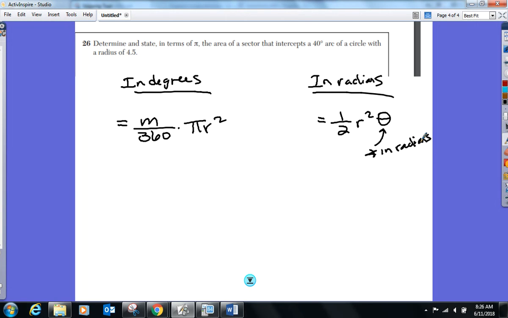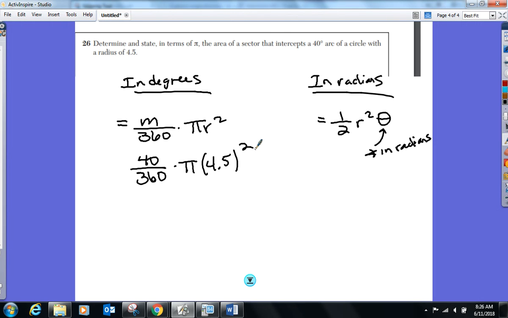Which one do they give me here, degrees or radians? Degrees, so I'm going to use the first one, which is 40 degrees over 360 times pi. They give me a radius of 4.5 squared. Are we comfortable leaving it in terms of pi? Leave it in terms of pi.